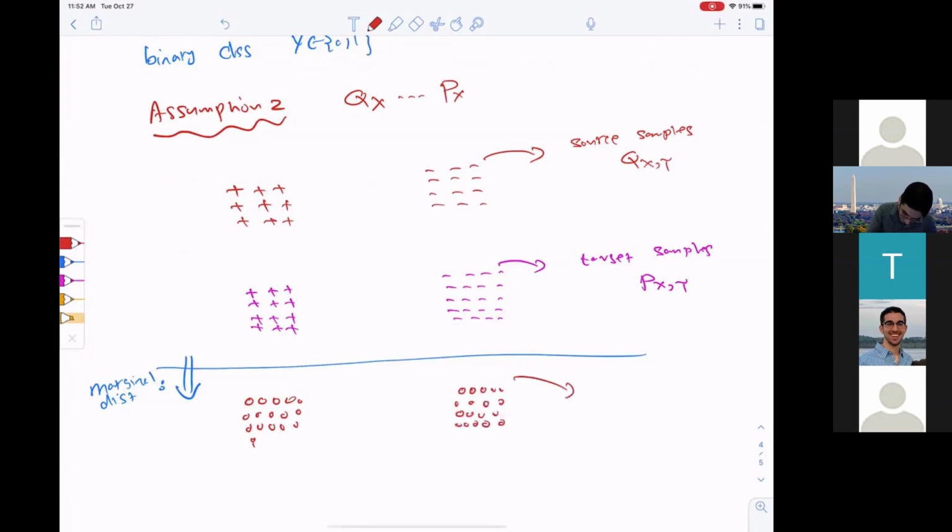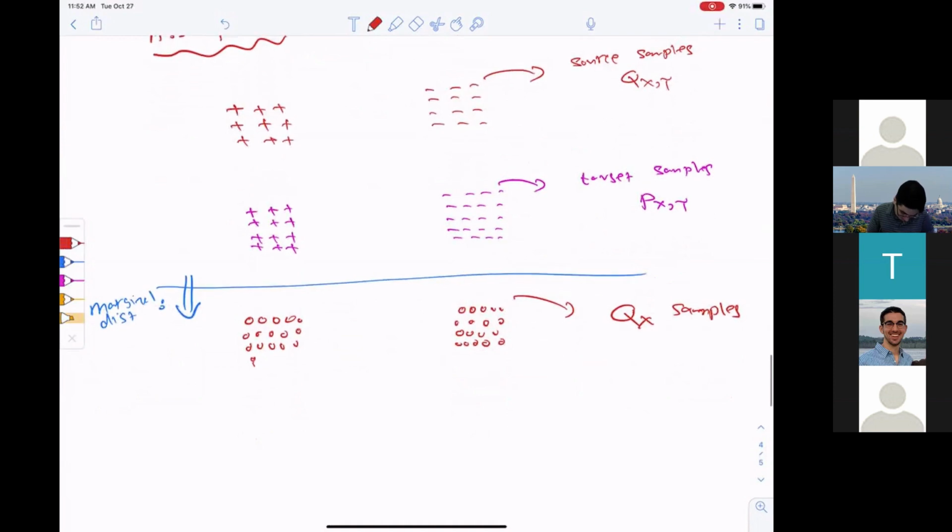So these are my QX samples. And same for the target. These are my PX samples, right? So that's what I have in my assumption 2, that the marginals should be related to each other.